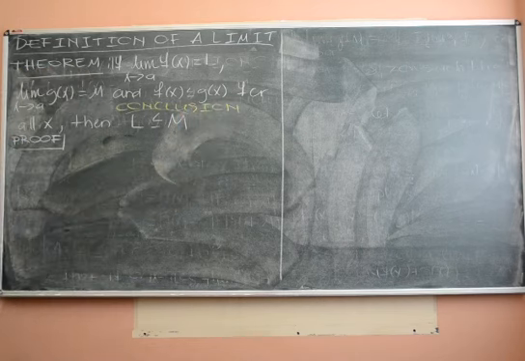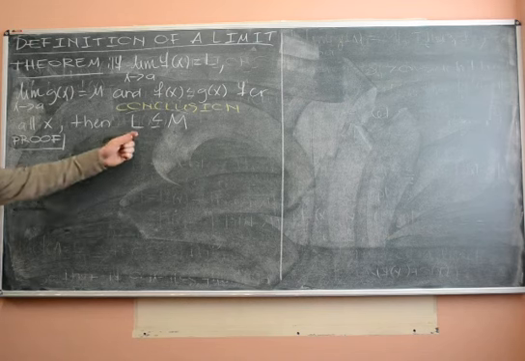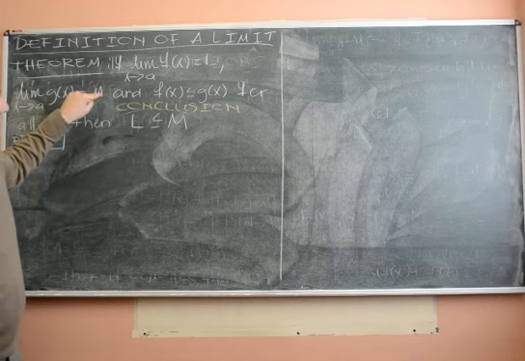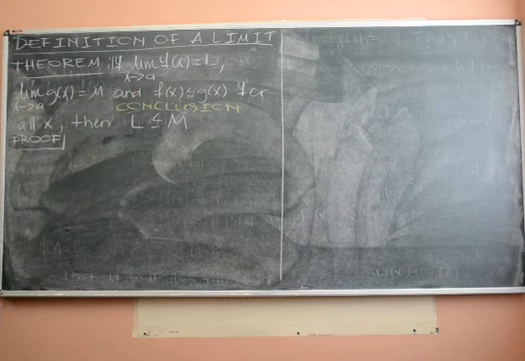And then we show that if the conclusion isn't true, then the assumptions can't be true either. In other words, we get a contradiction.